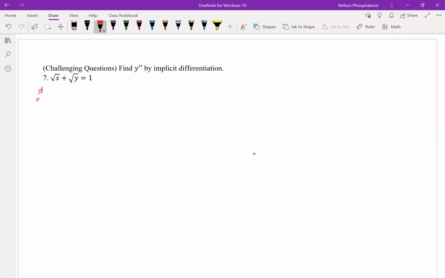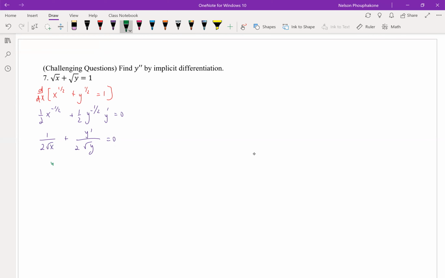So I would like to take the derivative of x to the 1/2 plus y to the 1/2 equal to 1. And then, of course, I will have 1/2 x to the negative 1/2 plus 1/2 y to the negative 1/2 y prime is equal to 0. And now I'm going to move this around.